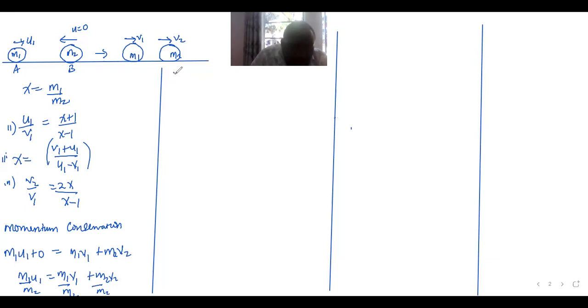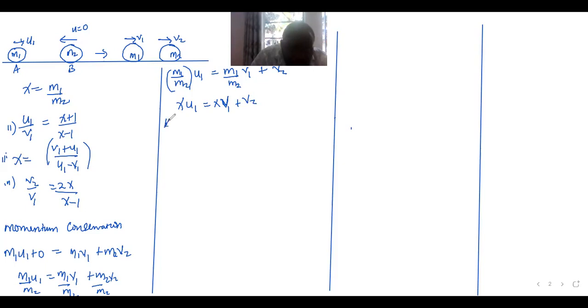So we shall have M1 over M2 of U1 is equal to M1 over M2 of V1 plus V2, which gives us X U1 is equal to X V1 plus V2. Now the first proof does not have V2.